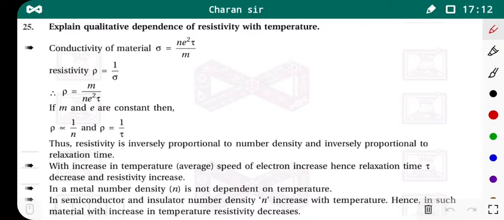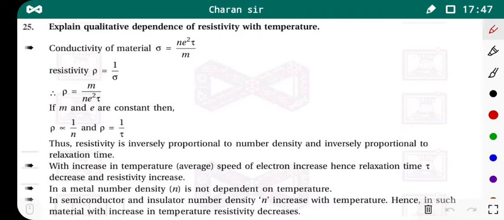Here m is the mass of the electron and e is the electric charge. What is the mass of the electron? That is constant, 9.1 into 10 raised to minus 31 kg. Here small e is the electric charge of the electron, which is 1.6 into 10 raised to minus 19 coulomb.